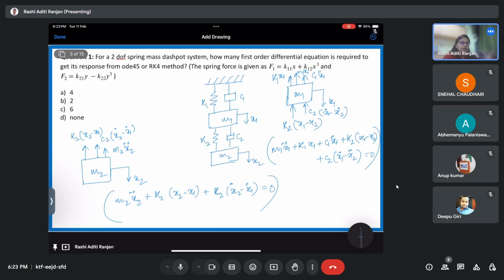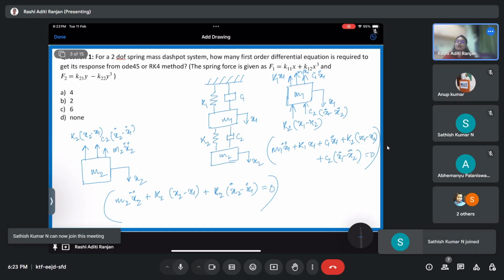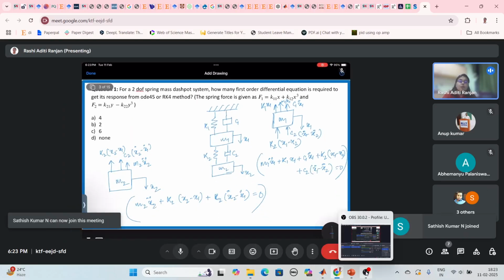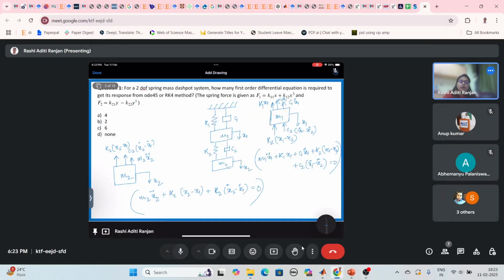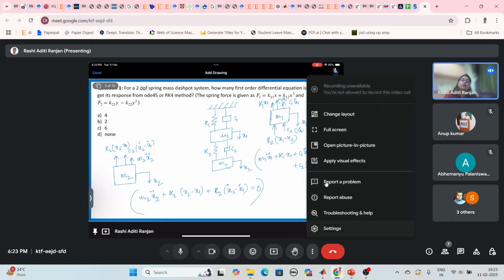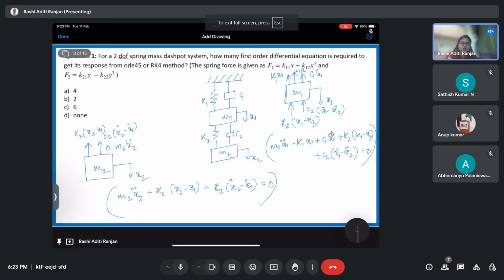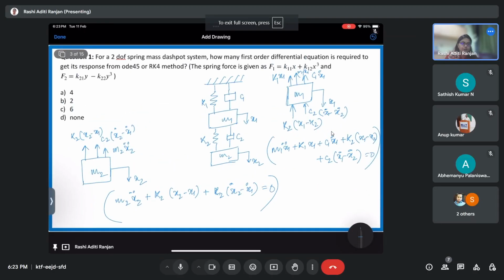So I have to give the input in the form of a differential equation, but a first order differential equation. The RK4 method cannot directly evaluate second order or higher order differential equations.